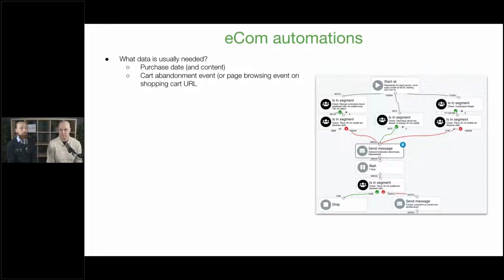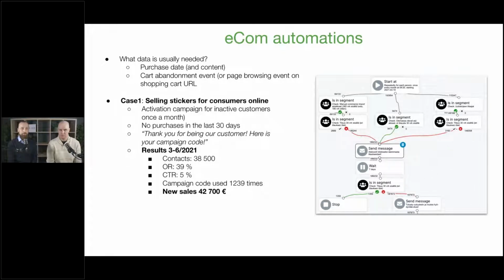And if you have the cart abandonment event, or if you don't have it, in many cases we can work with the page browsing event on the shopping cart URL itself. So not that many different kinds of data sets, but you can do various things with it. So there are a few cases here.